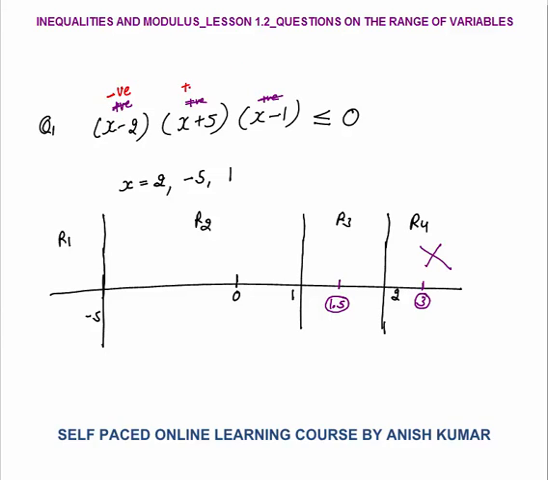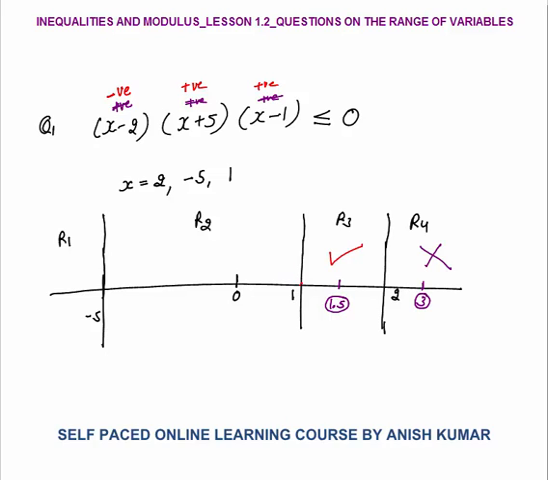This is positive, and this is also positive. So positive into negative, the product will be a negative number, and that satisfies the inequality, because we want the product of these 3 numbers to be less than or equal to 0. It comes less than 0 when you put x as 1.5. So this whole region will satisfy.